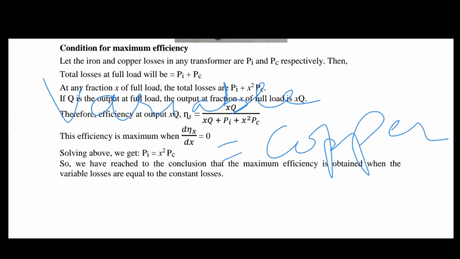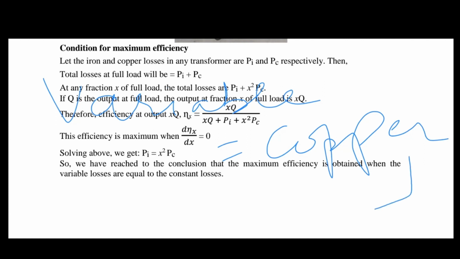Now the question arises where the copper loss is. Copper loss is there where copper is, and copper is used in the conductor. So whenever there are losses in the conductor, they are termed as copper losses. And how are the losses there in the conductor?